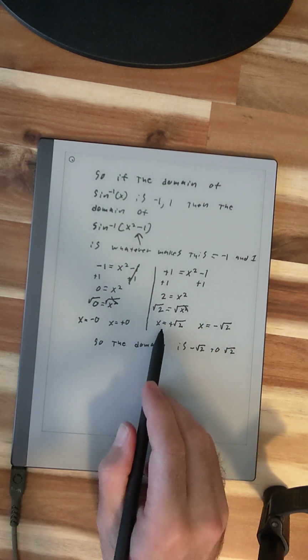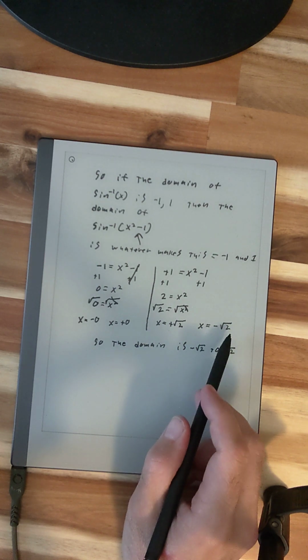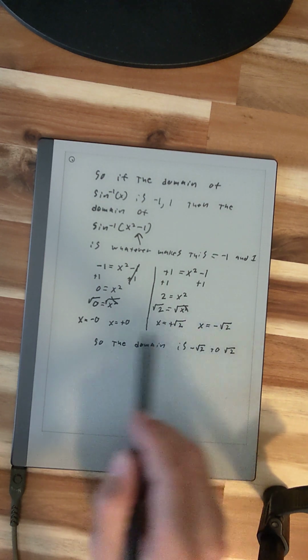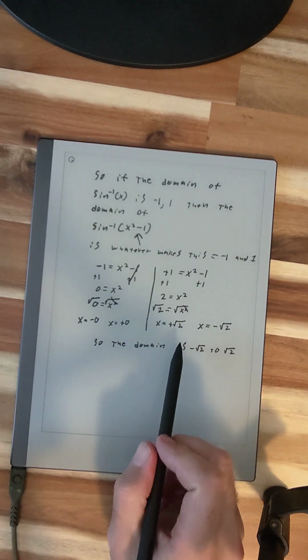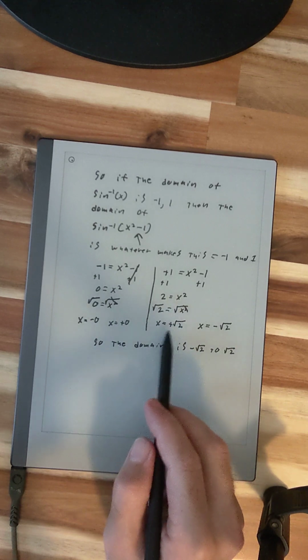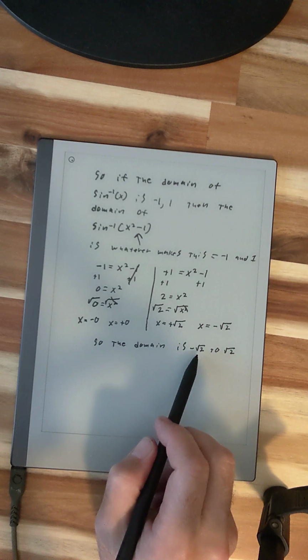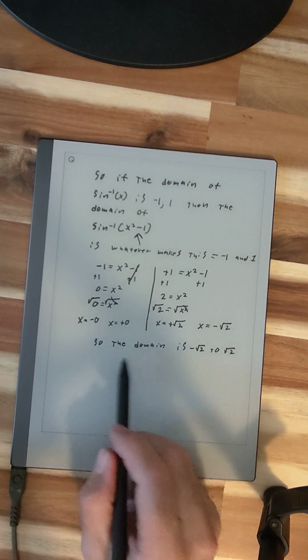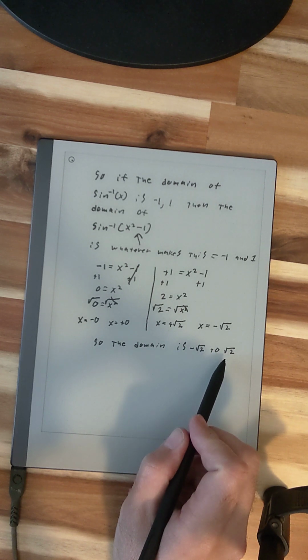So you have x is equal to positive square root of 2, and x is equal to negative square root of 2. Now these two here encompass this, so this is invalid. It doesn't really matter. That's kind of an artifact of a 0 point. But over here we have positive square root of 2 and negative square root of 2, and zeros in between the two. So our domain here is negative square root of 2 to square root of 2.